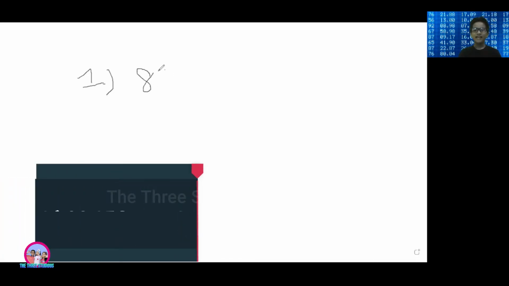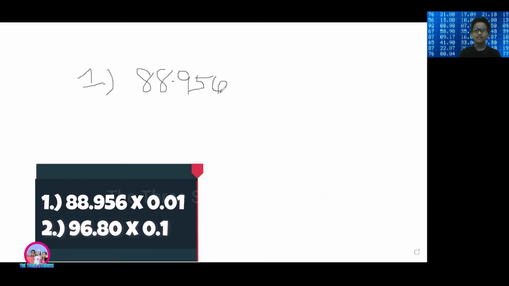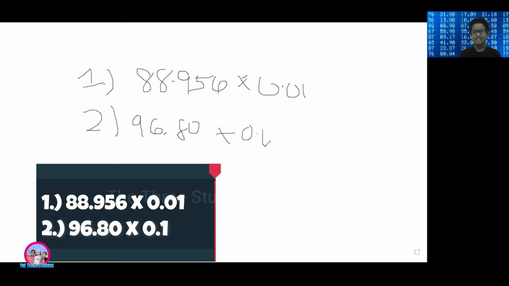The examples are 88.956 or 88 and 956 thousandths times 0.01 or 0 and 1 hundredths. And our second example, 96.80 times 0.1 or 0 and 1 tenths.